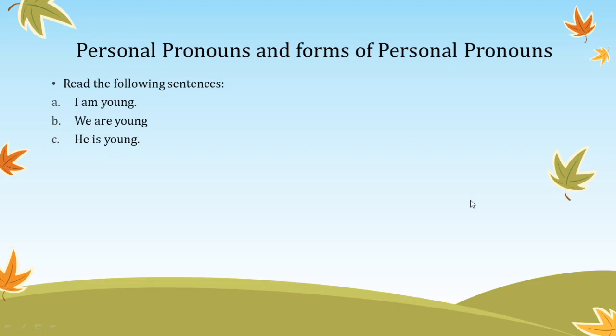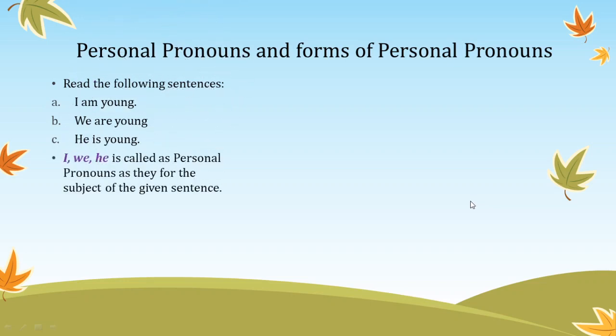He is young. Now in this, as you all know, instead of noun I have used a pronoun I, we and he. All these are personal pronouns. This I, we, he is called personal pronoun as they are for the subject of the given sentence. They are playing the role of the subject in the given sentence.